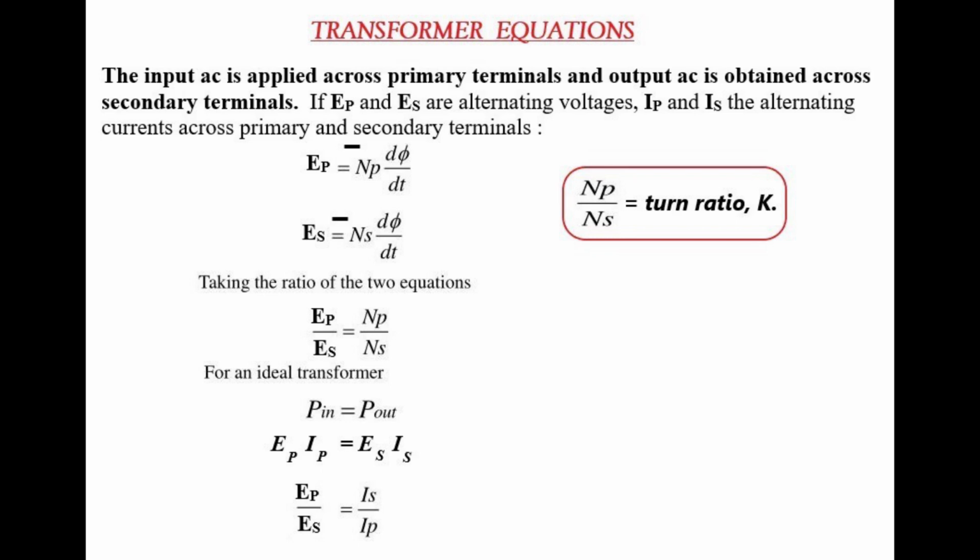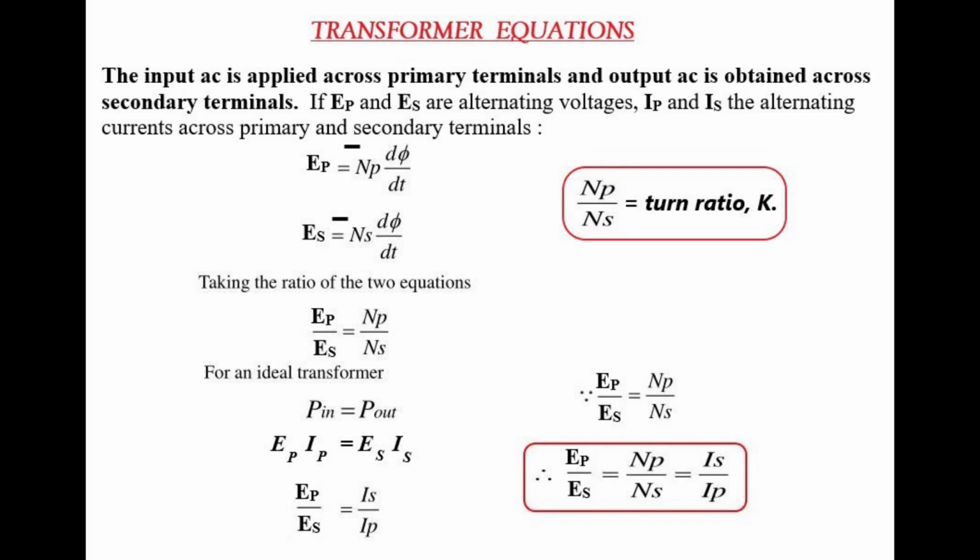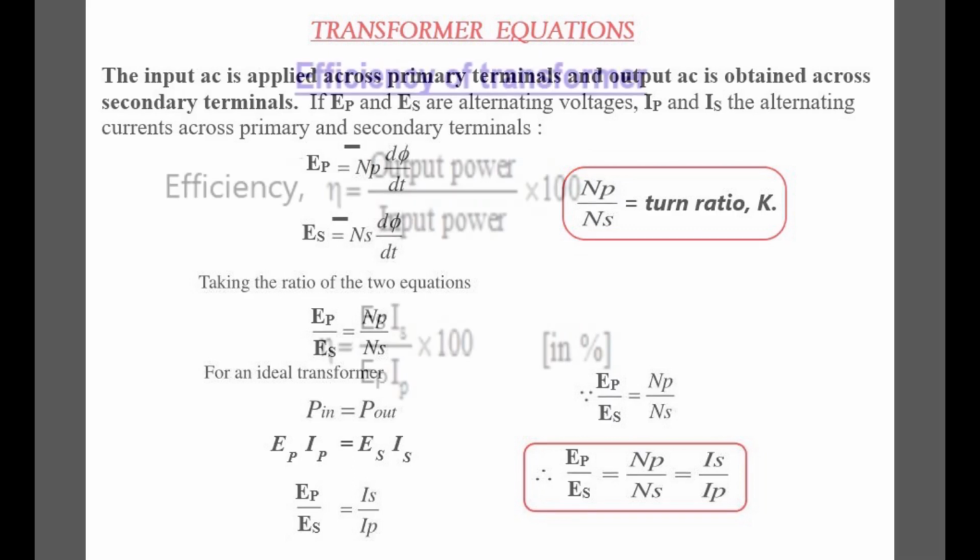Substituting and rearranging, we get EP divided by ES as equal to IS divided by IP. Therefore, the final equations are EP divided by ES is equal to NP divided by NS. Again, that is equal to IS divided by IP.